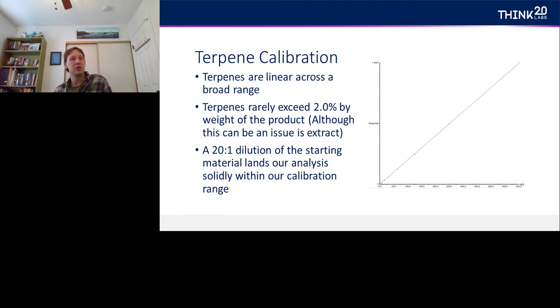So usually we use this 20-to-1 dilution, and it's sufficient for about, I would say 90+% of our samples. The highest terpene concentration I've seen in flower was 4%. So it does happen occasionally. And in that case, we just dilute and run it again.